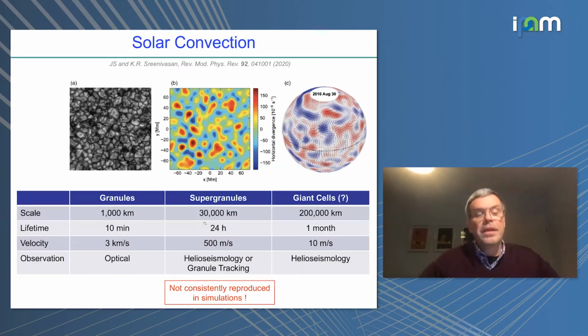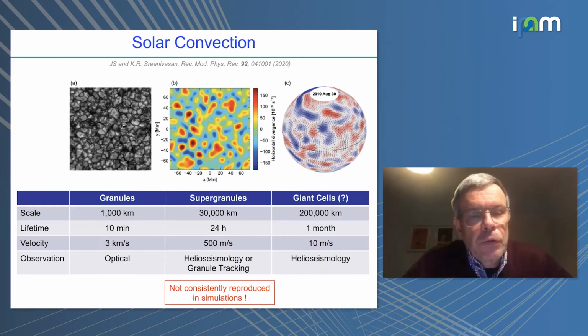Okay. So let me motivate my talk with solar convection, which takes place in the outer shell of the sun. As you can see here, convection is organized in a hierarchy of structures. These are the granules, the building block of the convection at the surface.